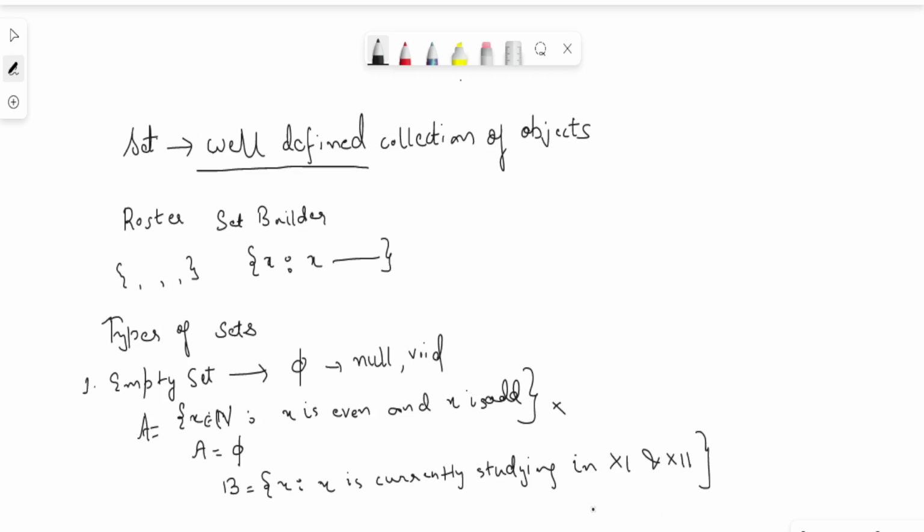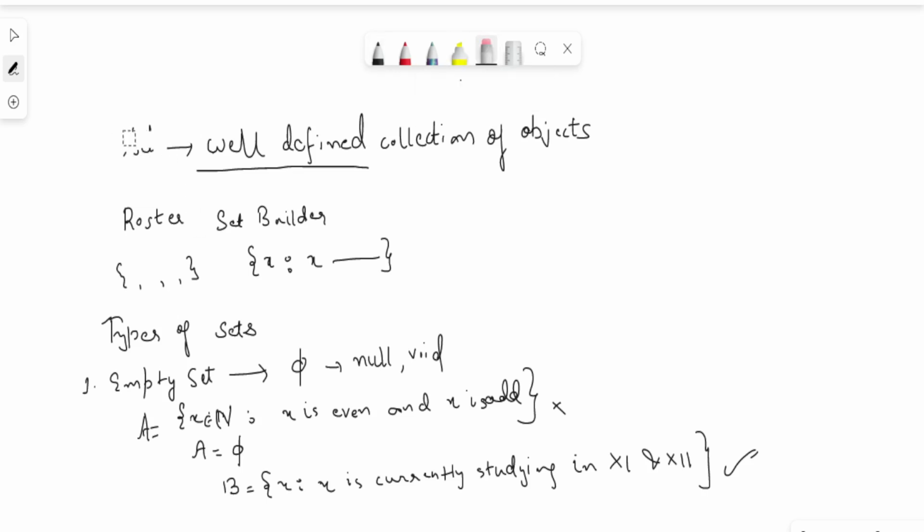Now is this an example of an empty set? Yes, it does not contain any element, because a student can either study in class 11th or in class 12th. The student cannot study in both the classes simultaneously, right? So it does not have any element, correct? So this is the definition of an empty set.